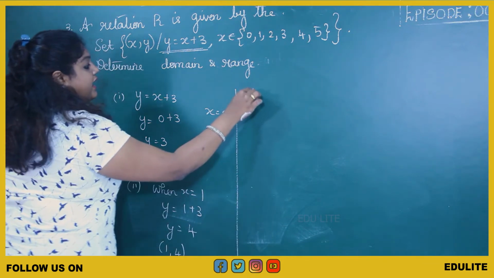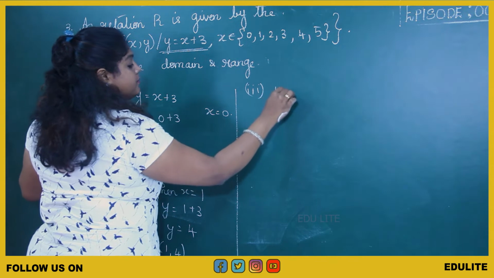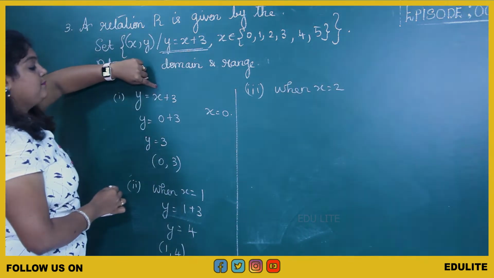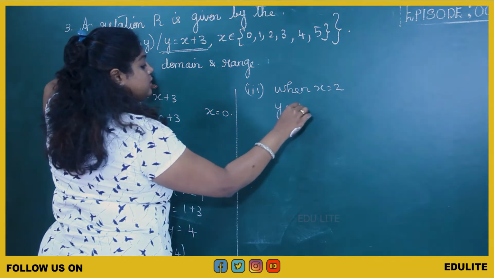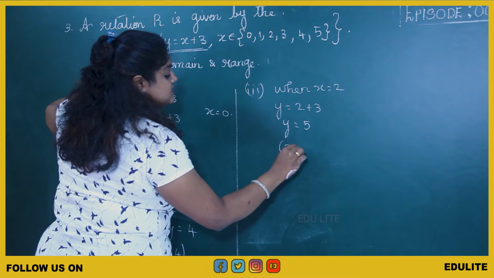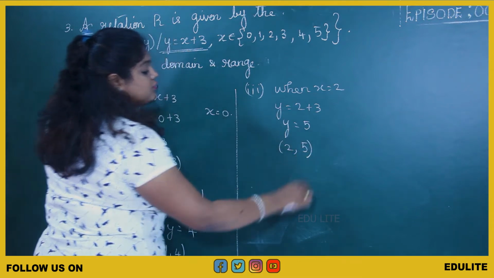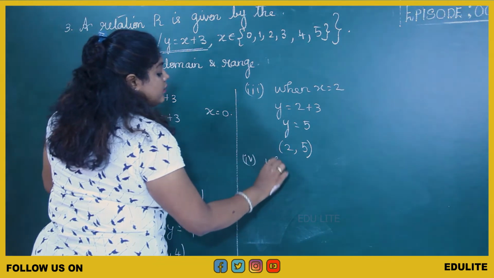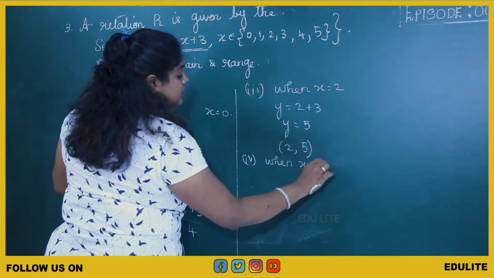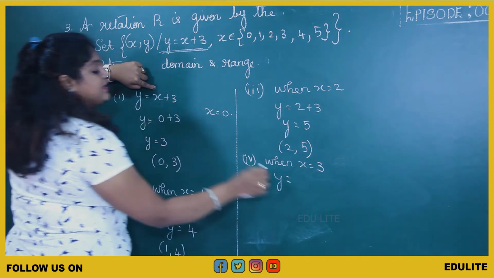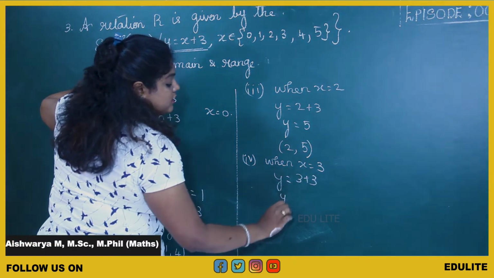Similarly, when x equals 2, we have to substitute x equals 2 in the same notation. We will get y equals 2 plus 3, y equals 5. So when x equals 2, y equals 5, and it can be written as 2, 5. Next, when x equals 3, we substitute in the same notation. y equals 3 plus 3, y equals 6.